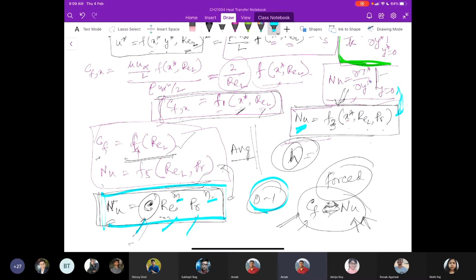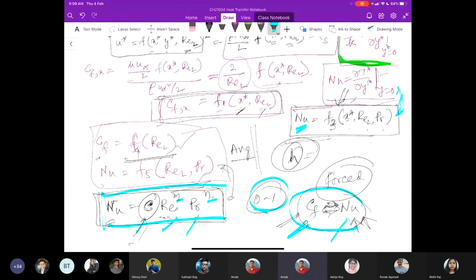Now, if we try to find the relation between the friction coefficient and the Nusselt number, the friction coefficient you directly relate with the velocity of the flow, or the hydrodynamic boundary layer.